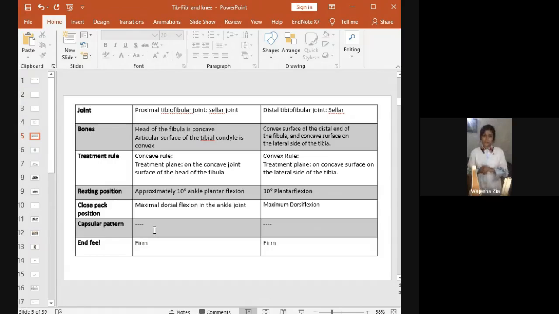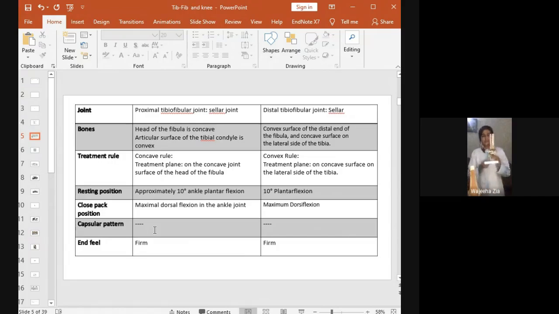Before starting the mobilization of both joints, we will go through the basic terminologies. In the superior tibiofibular joint, the head of the fibula is concave, and the tibia is convex. So if we stabilize the tibia and mobilize the fibula, the rule will be the concave rule.